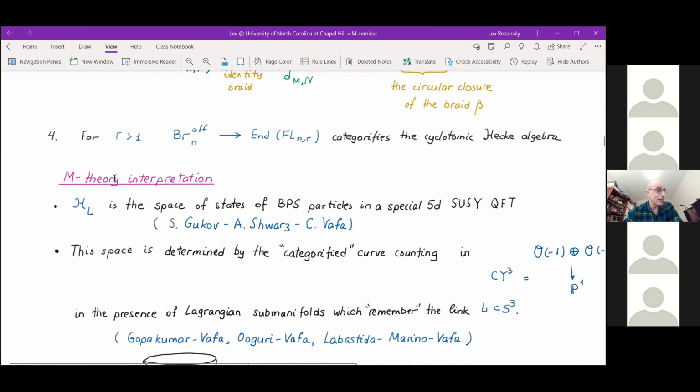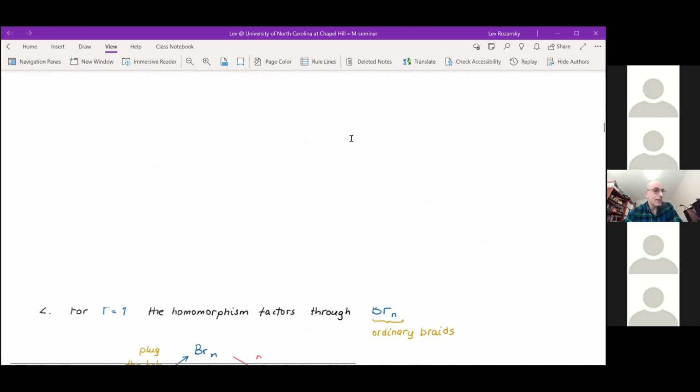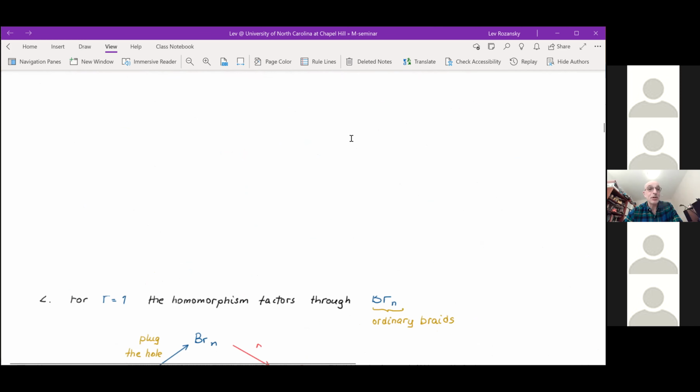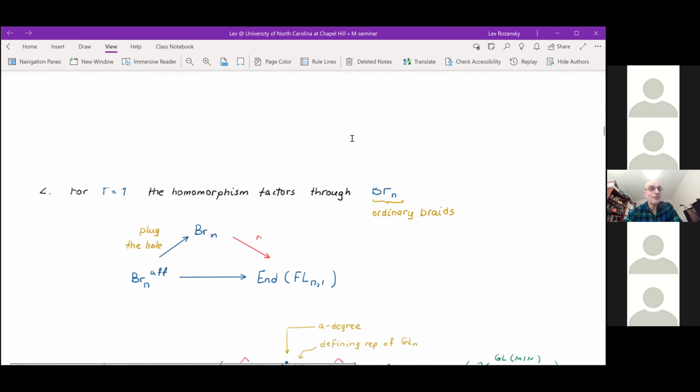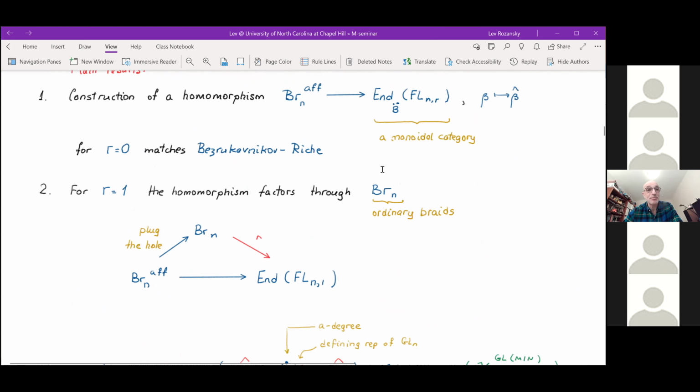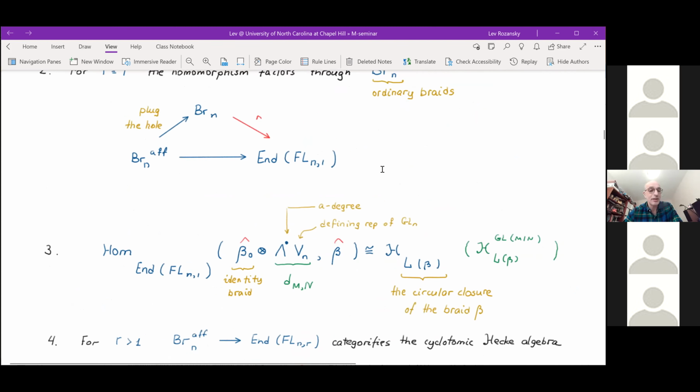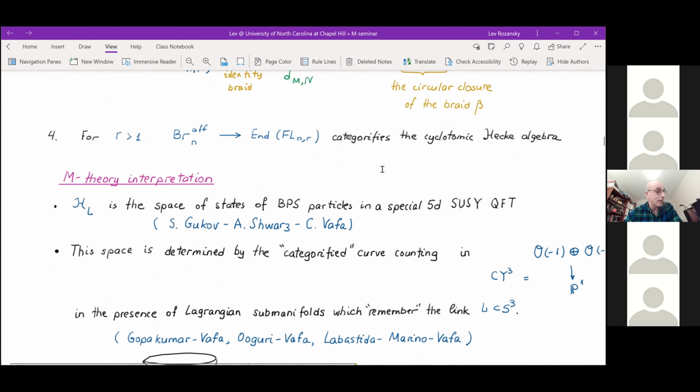So let me comment on that later. I'm a little bit rusty with the cyclotomic part, but say for the case of n equal to 1, your quiver variety, the moduli space of instantons, will be simply projective space. So the line bundles over that projective space will categorify the cyclotomic parameters.